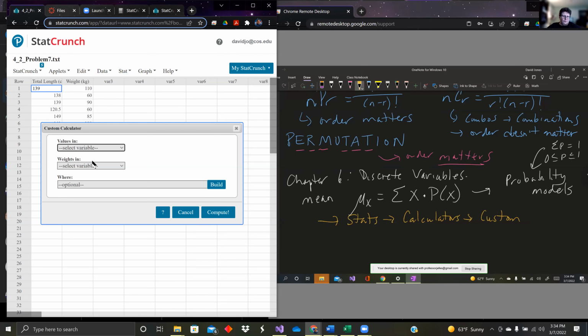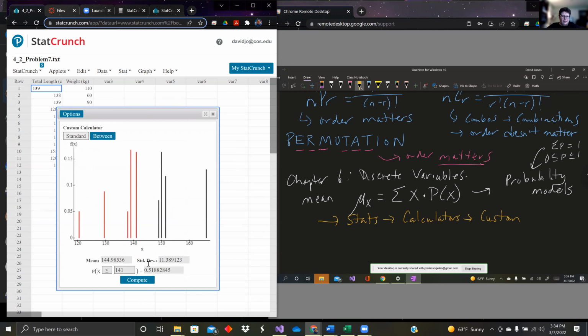These are not values and weights, so I don't really want to do it here. But you know what? I am going to do it simply to show you what it spits out. Like these are bad, but it will give you the mean and it will give you standard deviation here. So the output for this calculator does give you mean and standard deviation.